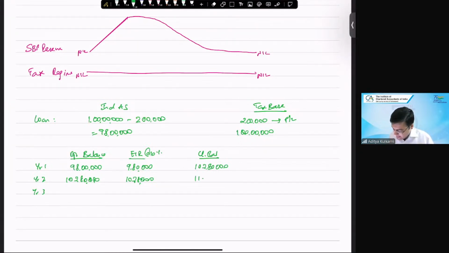So 118 lakhs 58,000 into 0.1, so 11 lakh 85,800.